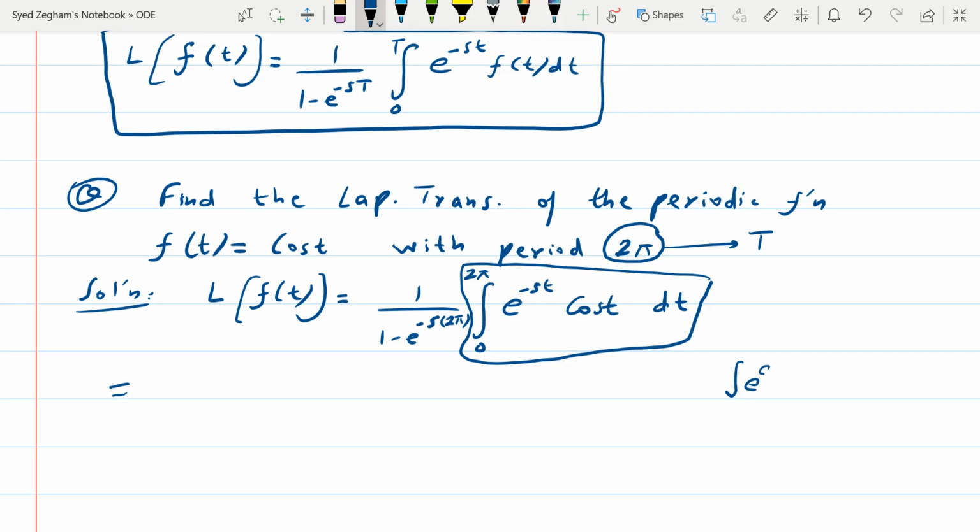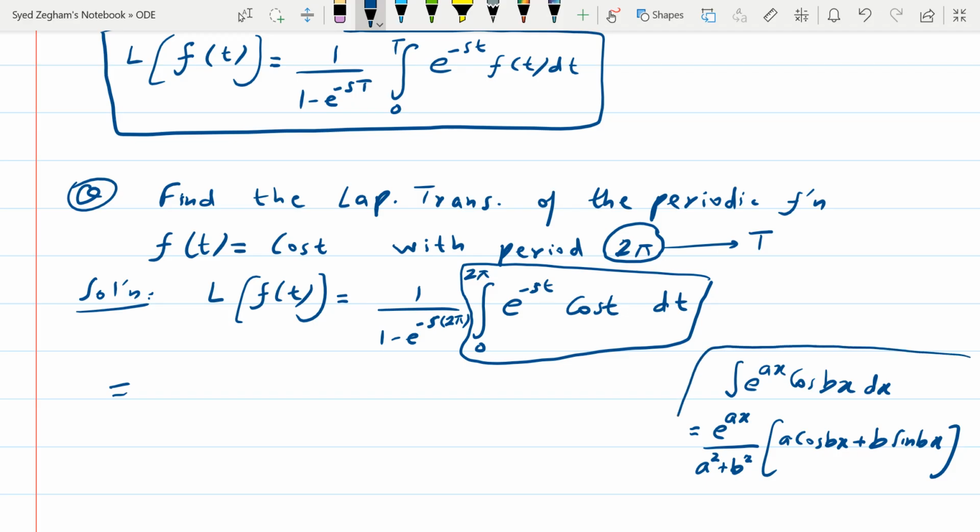Integration of e to the power ax cosine bx dx is equal to e to the power ax divided by a square plus b square, times a cosine bx plus b sine bx.